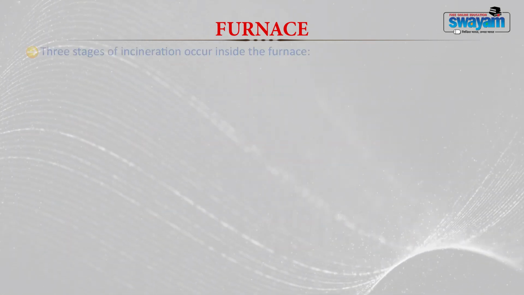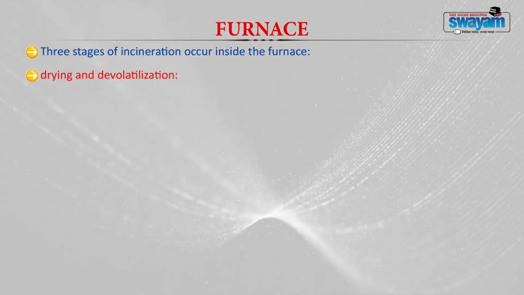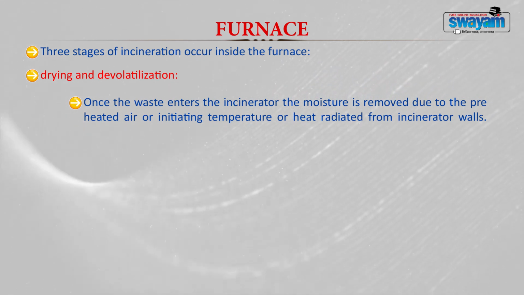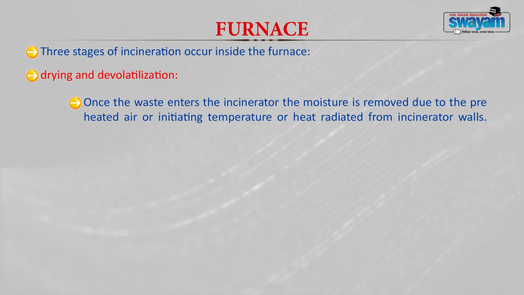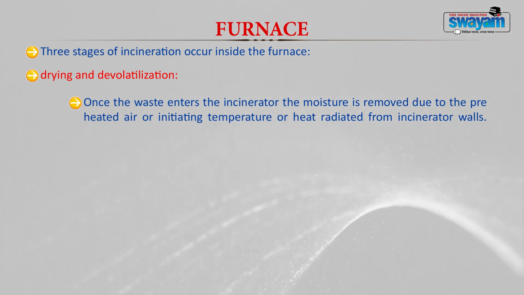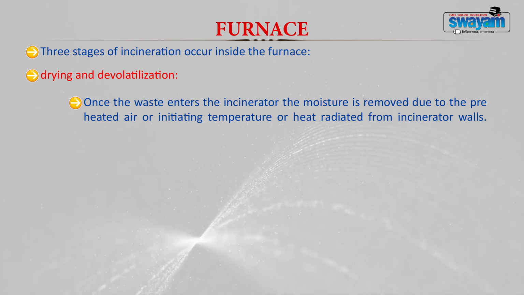Within a furnace, the incineration occurs in 3 stages. The first one is drying and devolatilization. During this process, the moisture present in the waste is removed by the preheated air or the heat radiated from the incinerator walls.